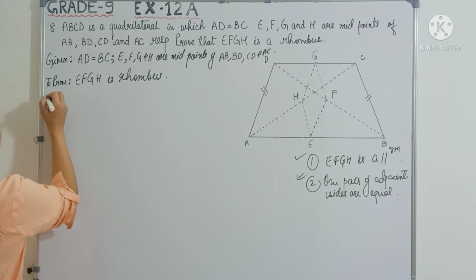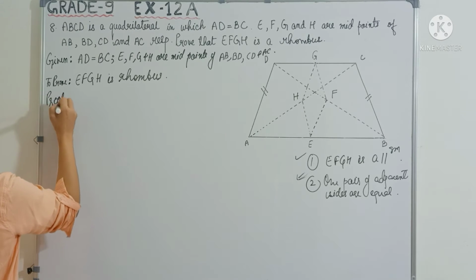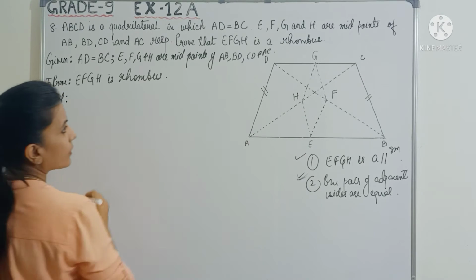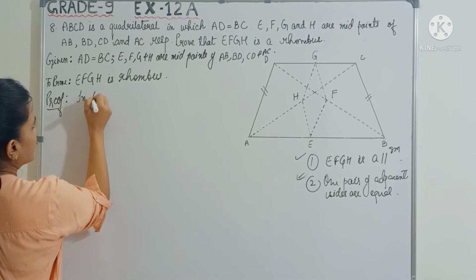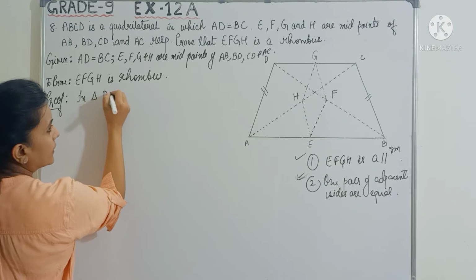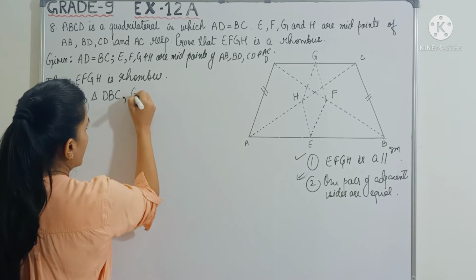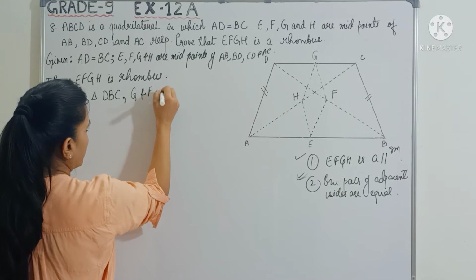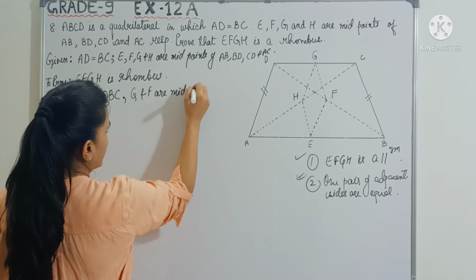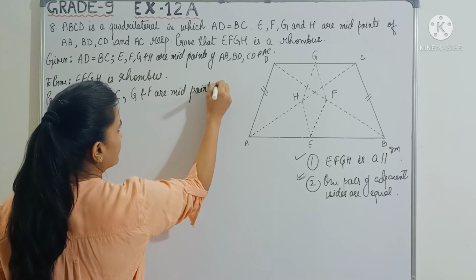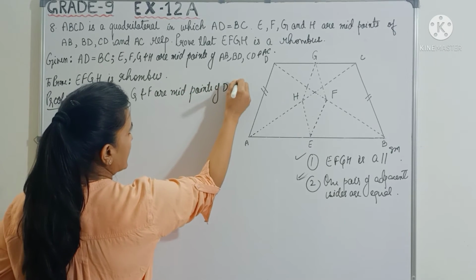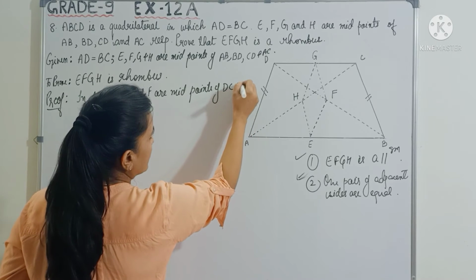So the proof is, in triangle DBC, what do you observe? G and F are midpoints of DC and DB.